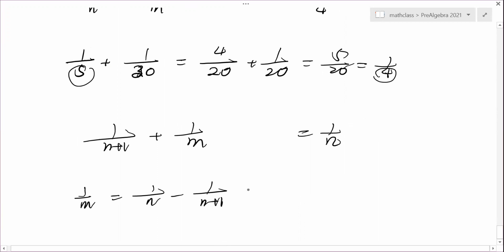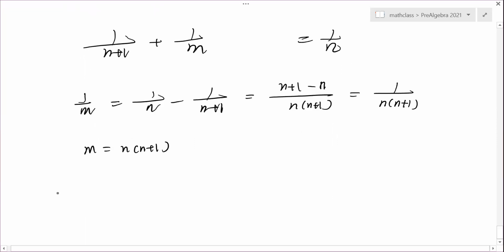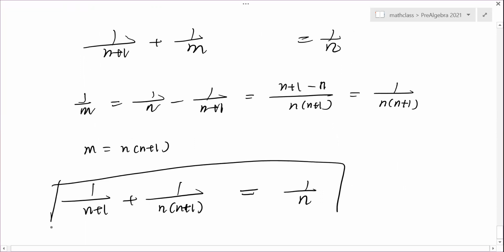Okay, add them together. Wow, indeed I can get m should be equal to n times (n plus 1). So now I have a formula. This always guarantees it's going to be 1 over n.